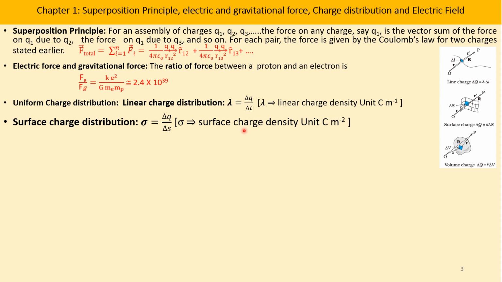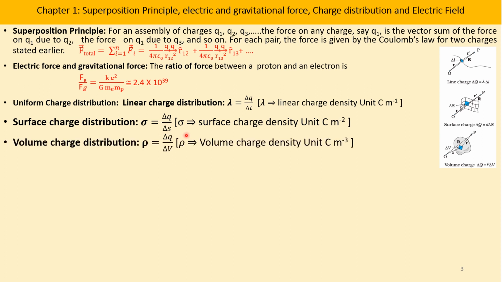Next, in case of a surface charge density, sigma is equal to delta Q by delta S. That is, sigma is the surface charge density. Sigma is once again a Greek letter, and its unit is coulomb per meter square, where delta S is the unit area as shown in the figure on the right hand side.